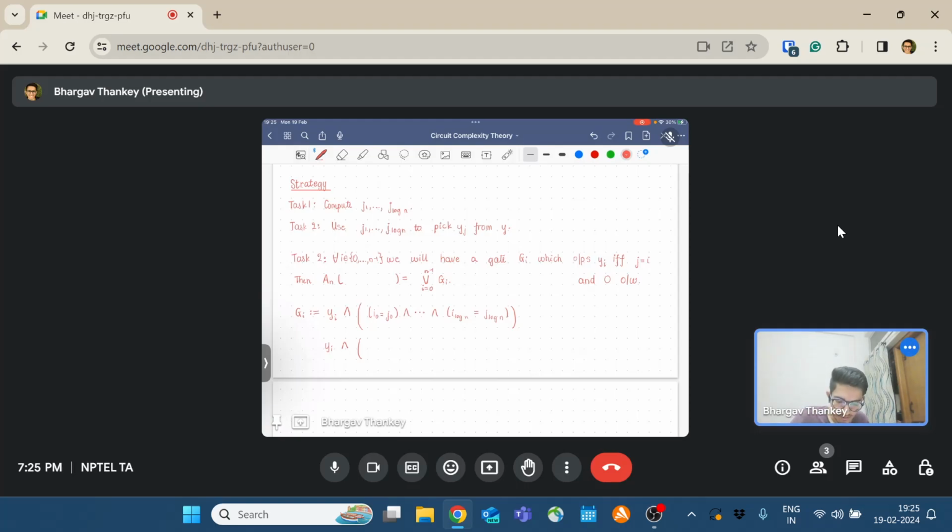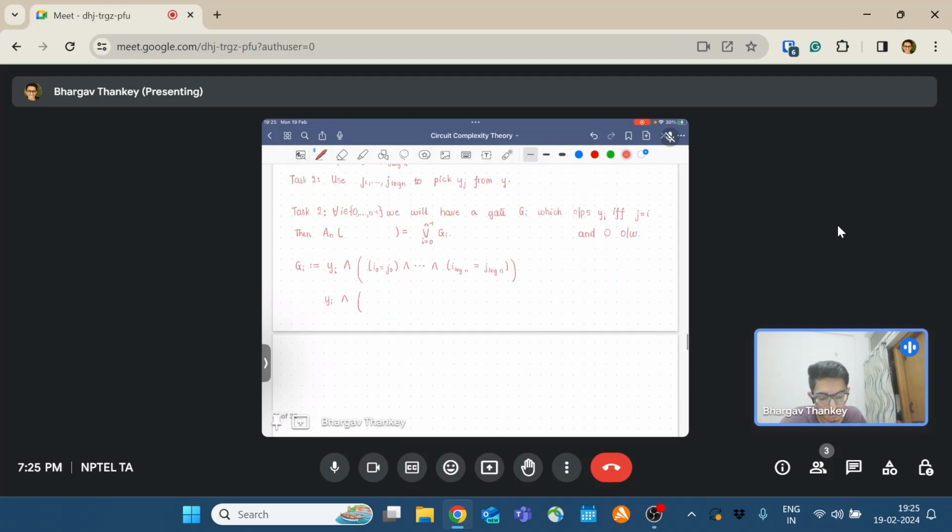Now it's fine. So for example, let's say we are constructing G0. Then all of these I0 to I log n are going to be 0, right? Similarly, whenever we are constructing GI, I0 to I log n are fixed, right?